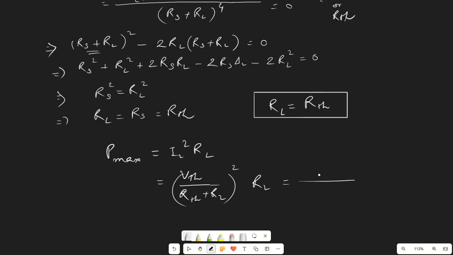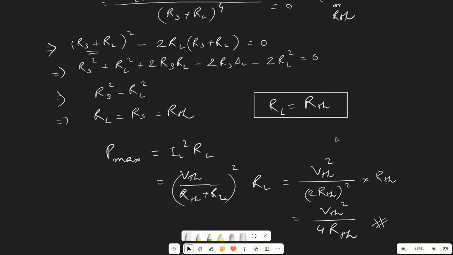The upper term is VTH square. Since RL equals RTH, we can write it as twice RTH whole square, into RTH. So finally we have VTH square divided by 4 RTH, right? So maximum power is given by VTH square divided by 4 RTH. This is the formula which we will require while solving the numericals.